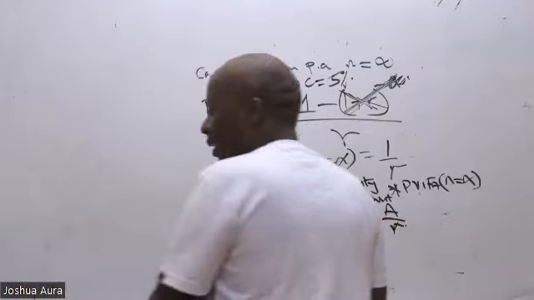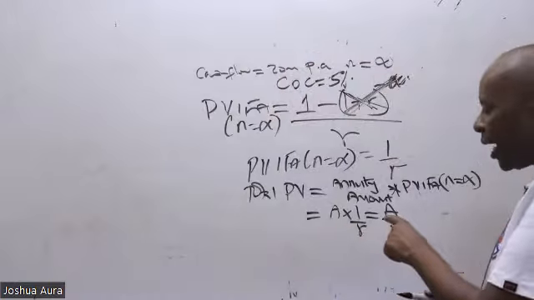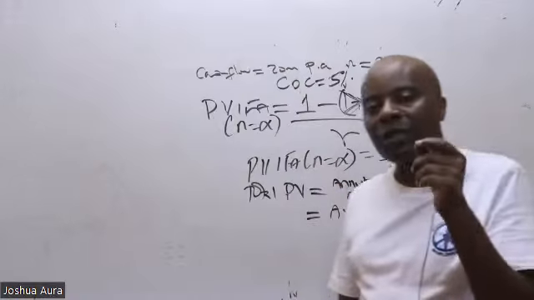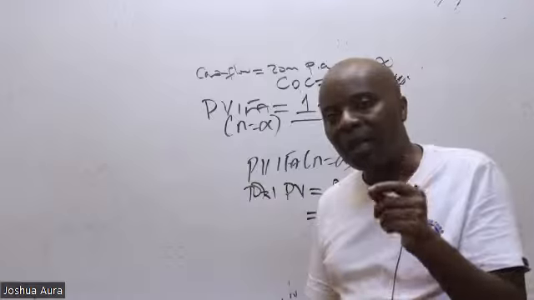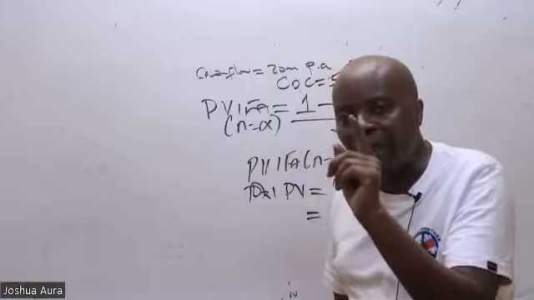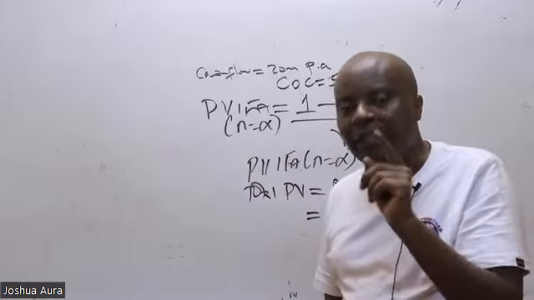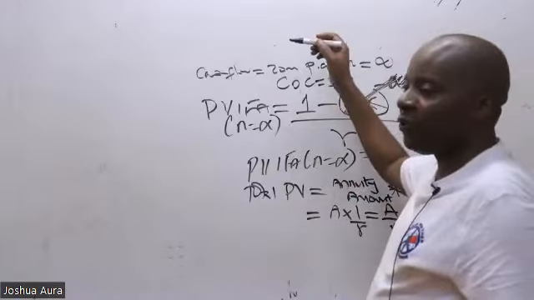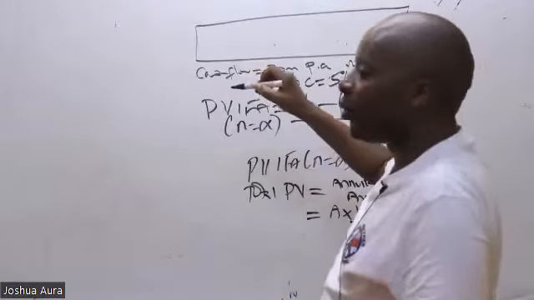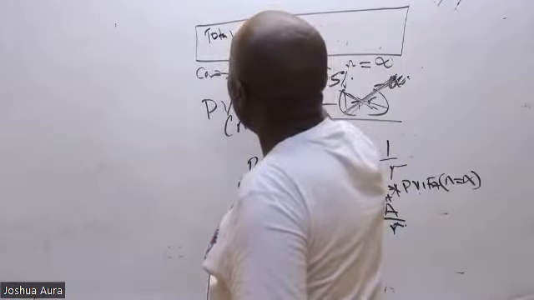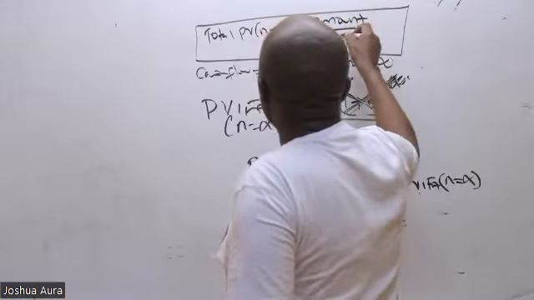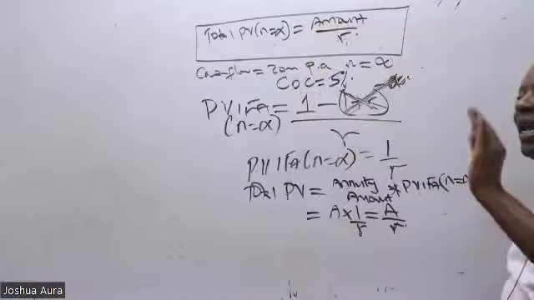This is a very important formula that I would want you guys to highlight. You don't have to derive it. But when you go to an exam question, and this is quite popular, and the examiner tells you that company A will be receiving 10 indefinitely, then you will remember that the total present value, when n is infinity, will always be equal to amount divided by R. I don't have to remember any other thing.